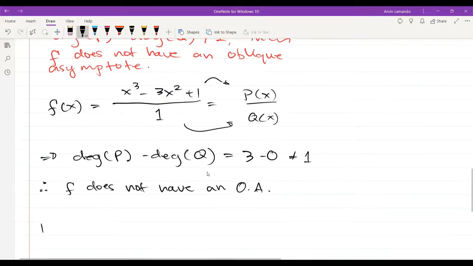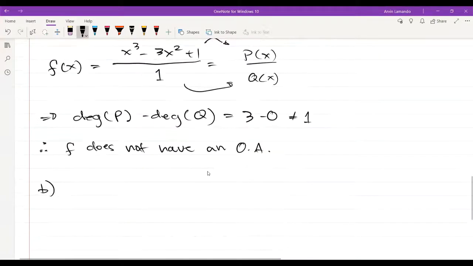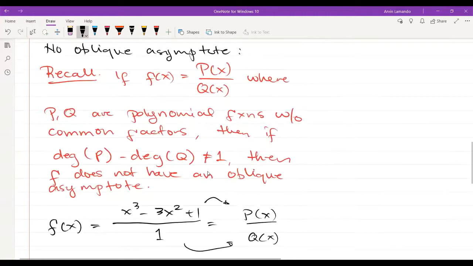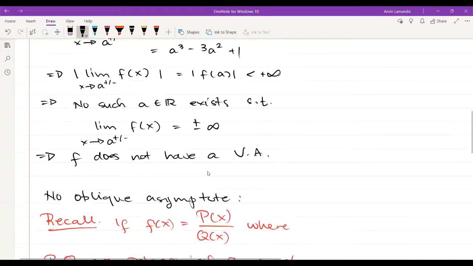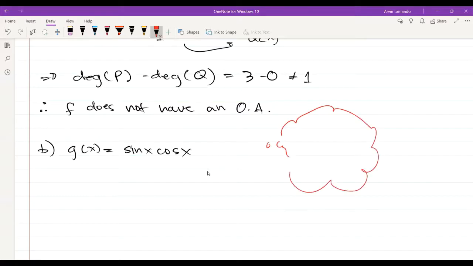Okay, so for sub-item B, we are being asked the same question for g of x equals sine of x times cosine of x. Before we start, let us recall that sine of 2x is equal to 2 sine of x cosine of x.